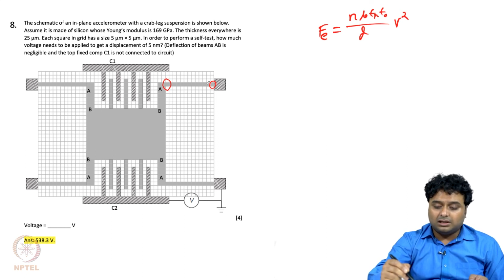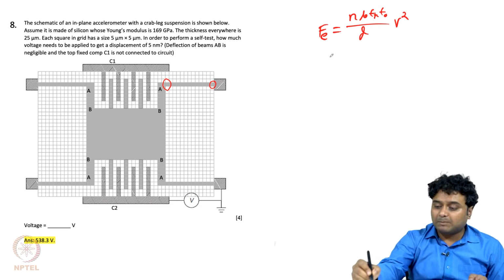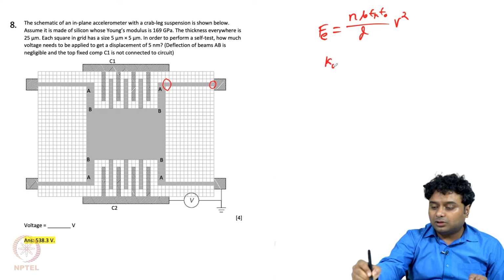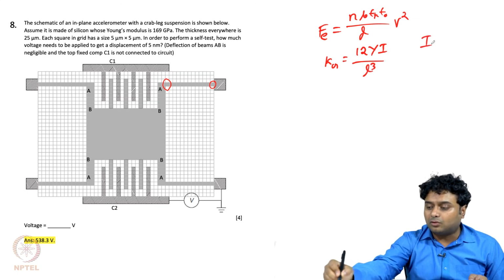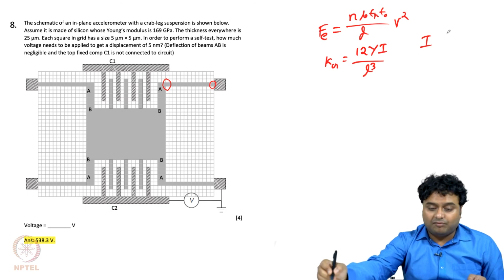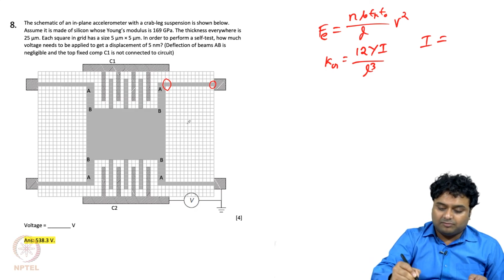So if we consider only the longer part, the thinner beam, then for a guided beam we know that Kg equals 12 YI by L cube. Here again you need to be careful about what your width and what your height is. The beam is moving, the deflection is in this direction, right.